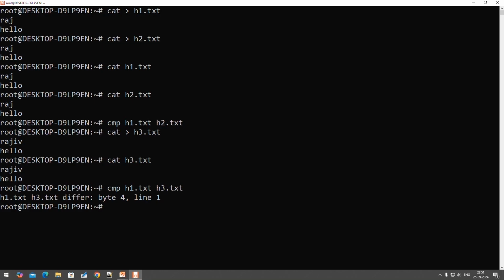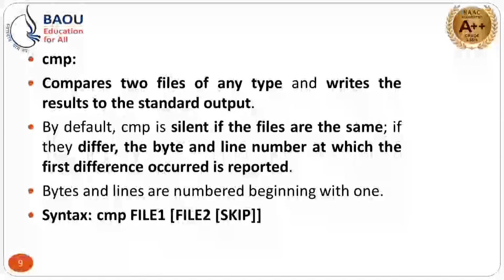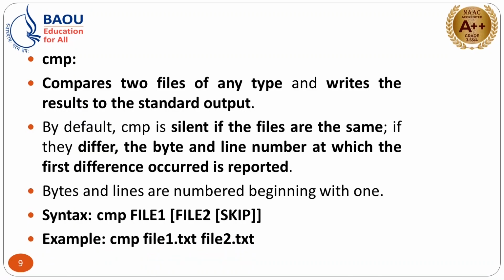The very first byte position, here the fourth byte, varies in the content of the two files, right? So if the contents are the same, no output, only the prompt. And if the contents differ, the very first position at which the content differs will be displayed as output, right?